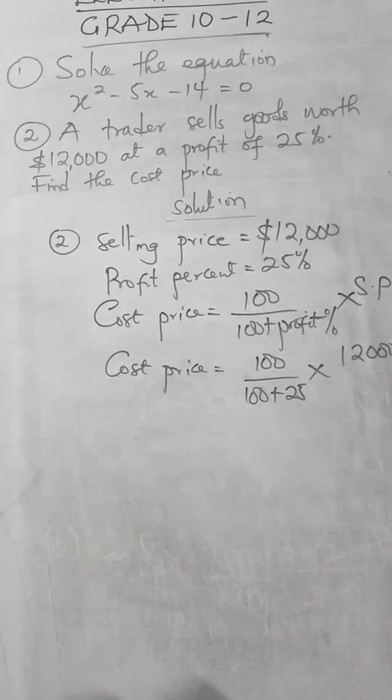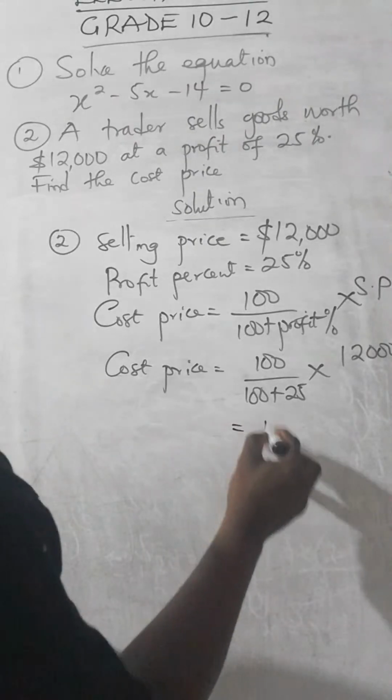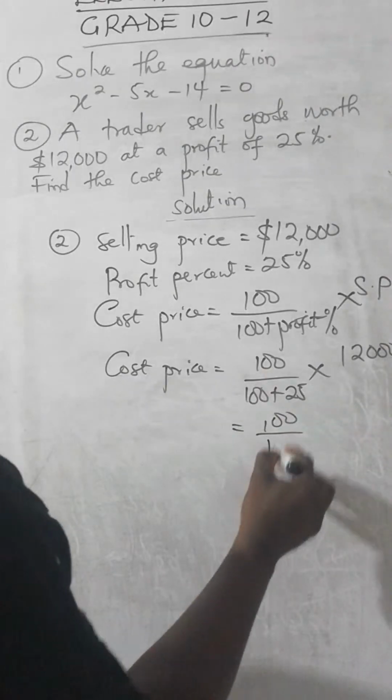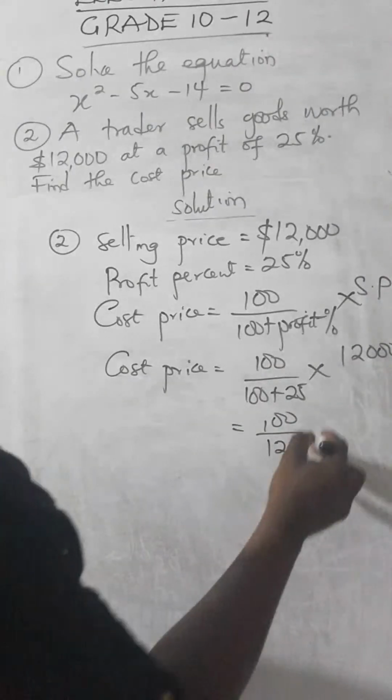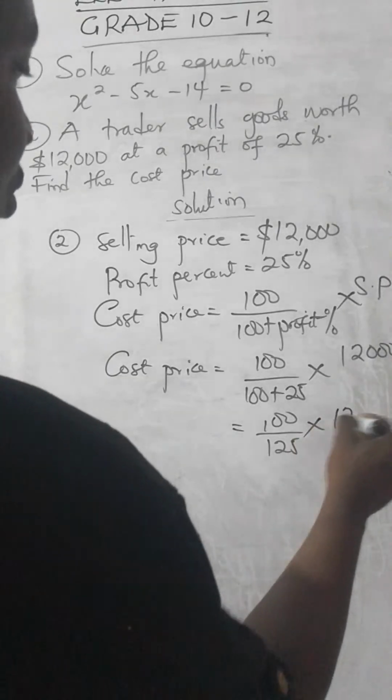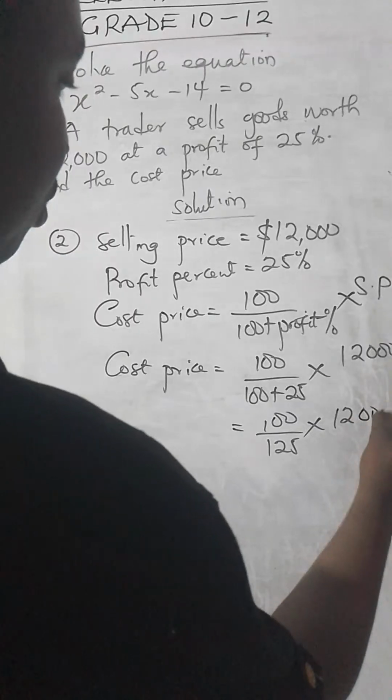Right, so we get 100 on 125 times 12,000.